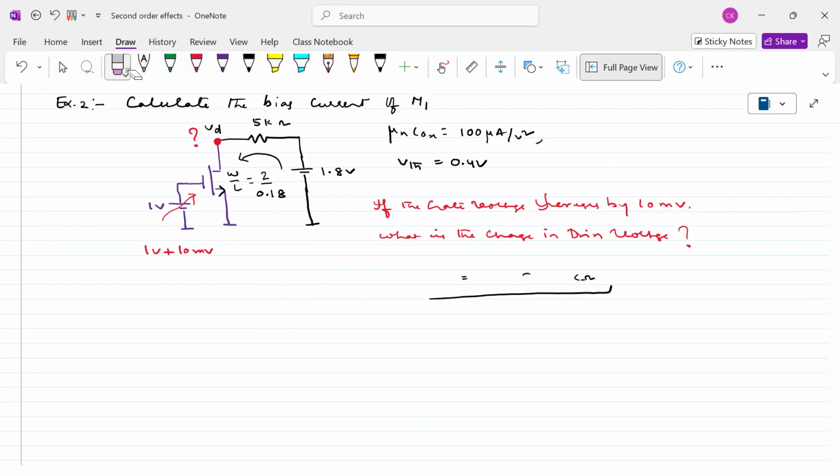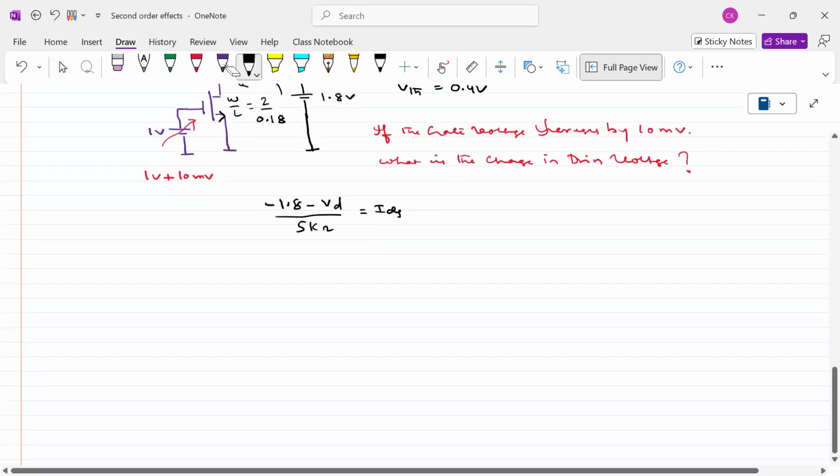Let me write in a different way. So this is 1.8 minus VD divided by 5 kilo ohms is equal to IDS. This is what we can write. So therefore, what is the value here now?